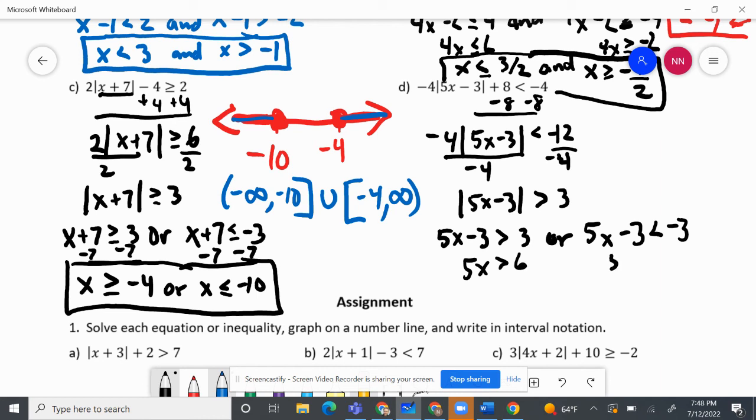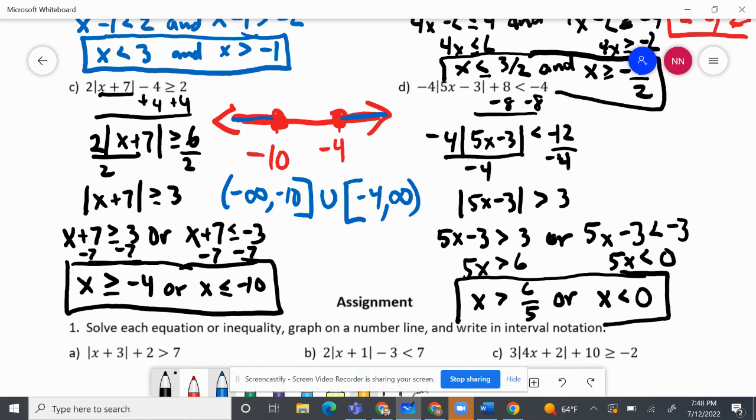Add the 3 on the other side, and 5x is less than 0. I divide by 5, so x is greater than 6 over 5. Or, if I divide by 5, x is less than 0. So that would be the inequality solved.